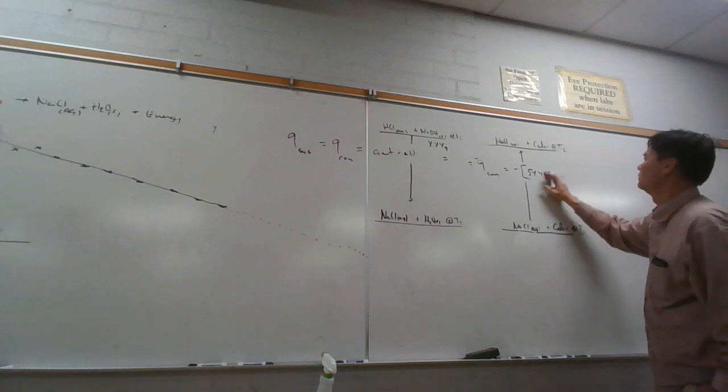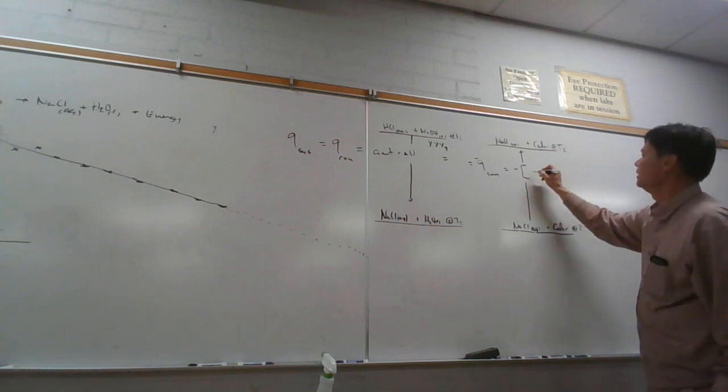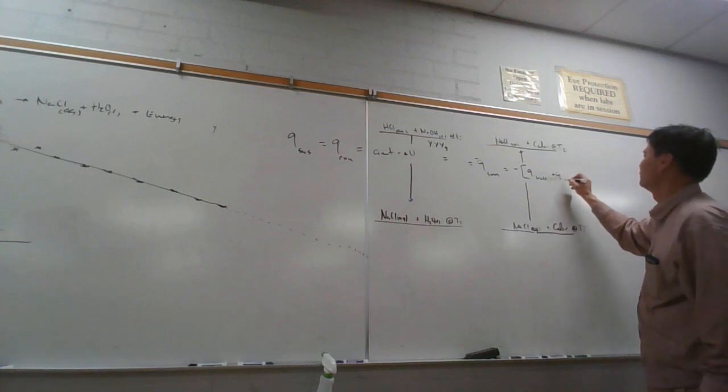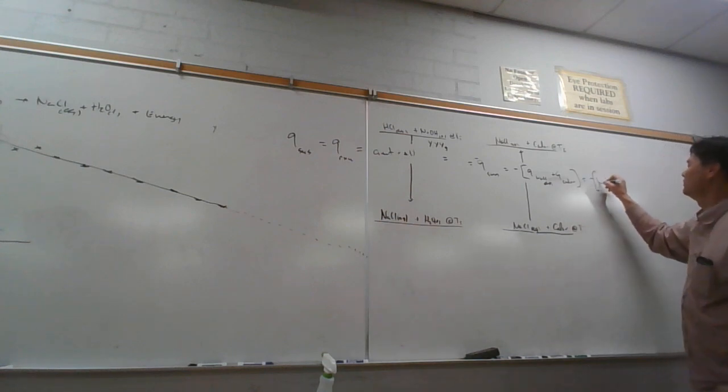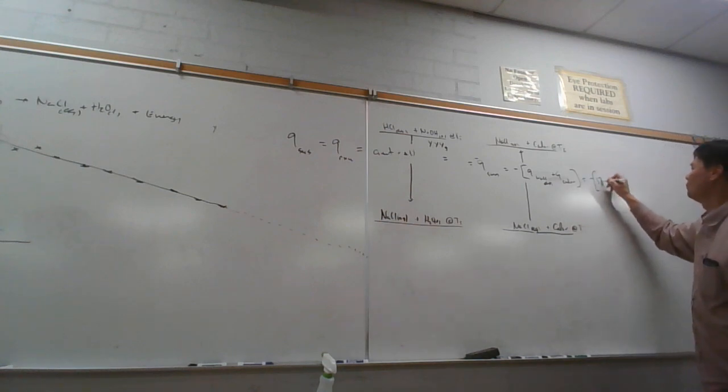Actually, I forgot to do one thing, sorry. This is going to equal Q of the salt water plus Q of the calorimeter. I jumped ahead one step. And this is going to equal minus 50y.yy grams.